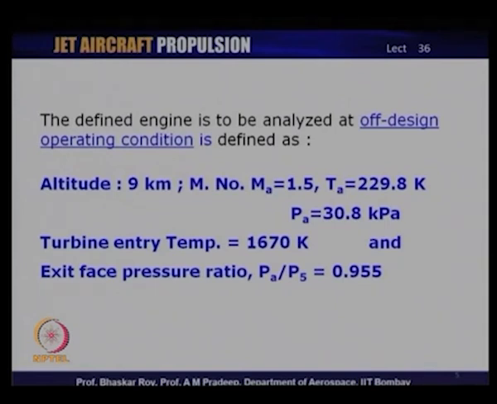Prescribed is that the turbine entry temperature would be 1670 K, and the exit phase pressure ratio at the exit of the nozzle, the engine nozzle, P A by P 5 would be 0.955. That means, it will come pretty close to being equal to the ambient pressure. So, the exit pressure could be pretty close to being equal to the ambient pressure.